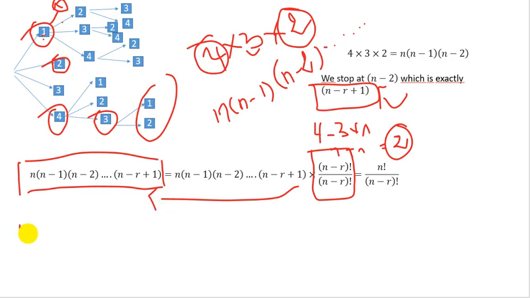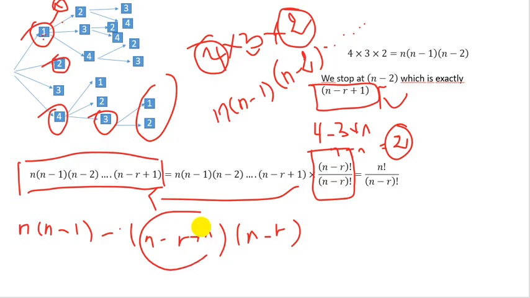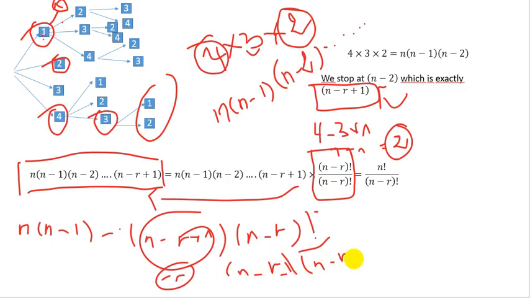So it becomes n minus 1 until n minus r plus 1, then n minus r, which is this minus 1, which means we keep subtracting 1, and here it is factorial, which means I can write it like n minus r minus 1, n minus r minus 2, and so on until I achieve 1.